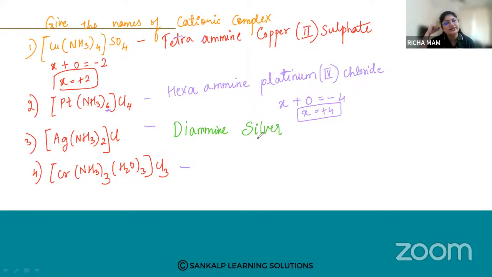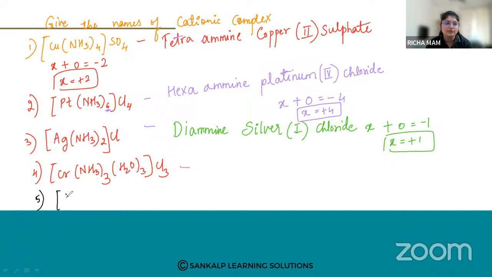What is the oxidation state of silver? Yes, silver will keep it as X plus amine is 0 equals to minus 1. So X is equals to plus 1. Okay. So diamine silver(I) chloride. The name is diamine silver(I) chloride. Okay. Next one. Fourth one.